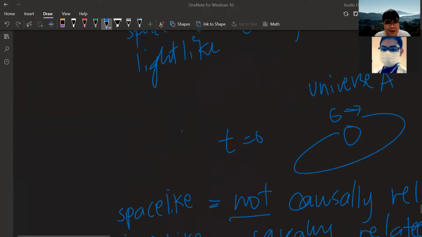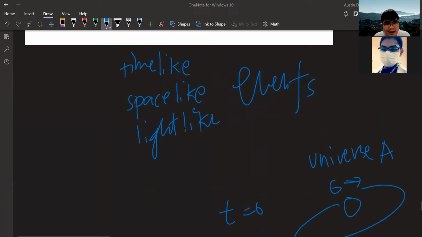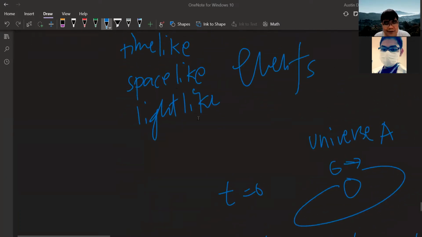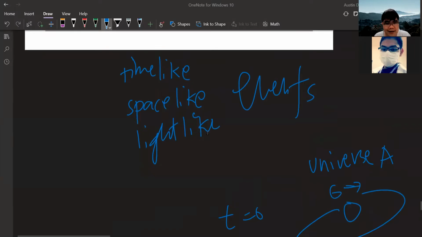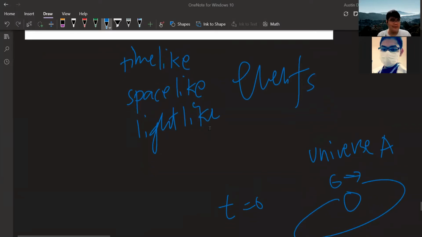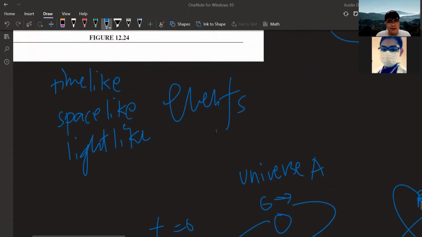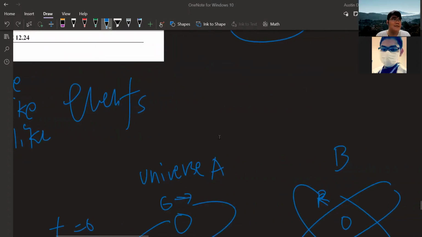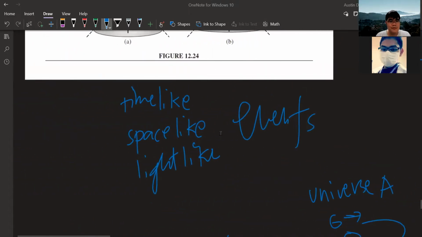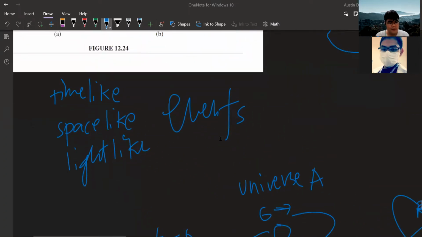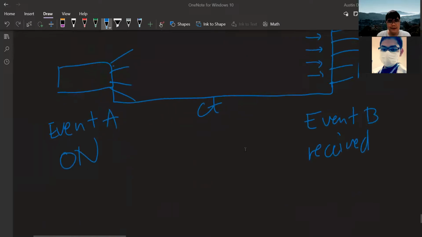Yung difference between time-like and light-like is that yung light-like, ang makakagawa lang nito would be light. Two events na separated lang by the speed of light.